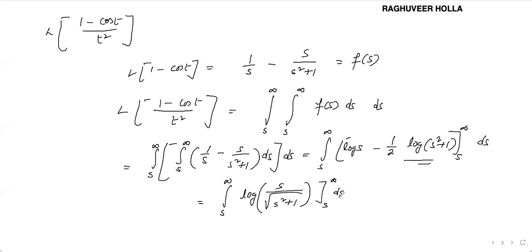Then applying the limits, we get s to infinity, log square root of s square plus 1 by s into ds.